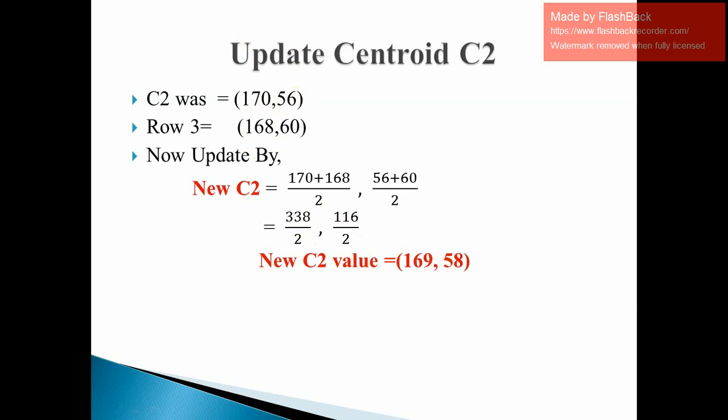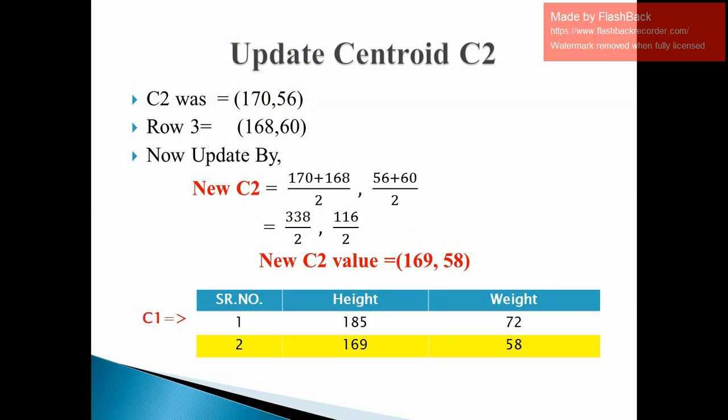This is the updated centroid value for centroid 2. Centroid 1 will be the same, because we have not selected centroid 1, so it will be 185, 72, and the new centroid 2 will be 169, 58.